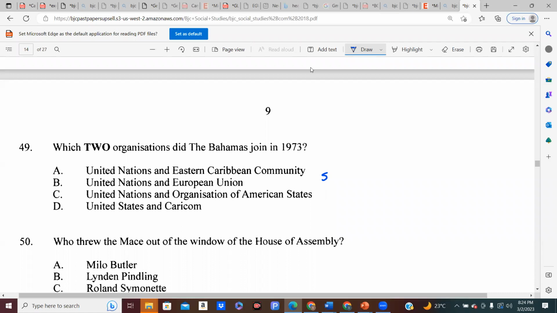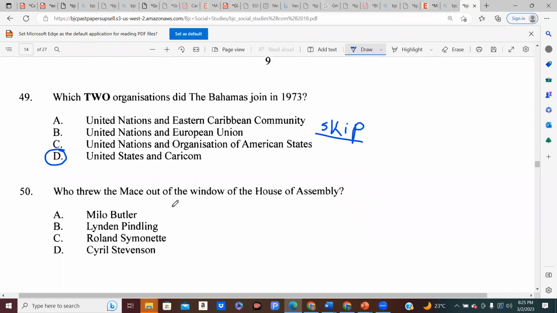They didn't do a good job with that one. They asked, which two organizations did the bombers join in 1973? I don't know the correct answer because when I checked it, it was off. If I had to go with one, I would choose D, but none of them seem really right to me. So we skipped number 49.